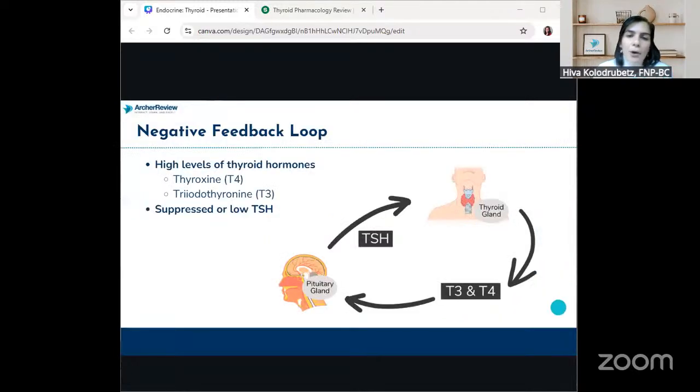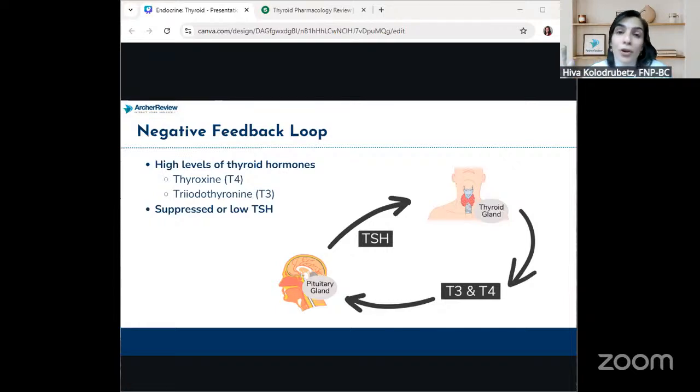So hyperthyroidism, let's revisit that negative feedback loop. That's what we call it. So again, remember that thyroid gland is going to be releasing the thyroid hormones, T3 and T4. That signals back to the pituitary gland how much TSH do we need to release?